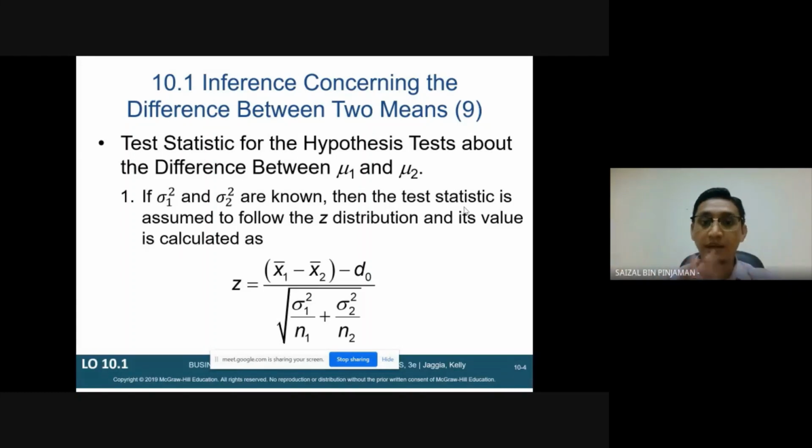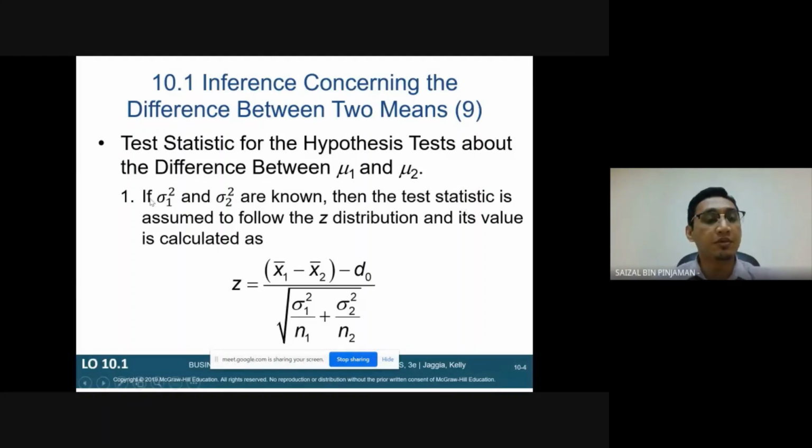So back to this slide that we have here. In chapter 10, we have three situations concerning the standard deviation information.